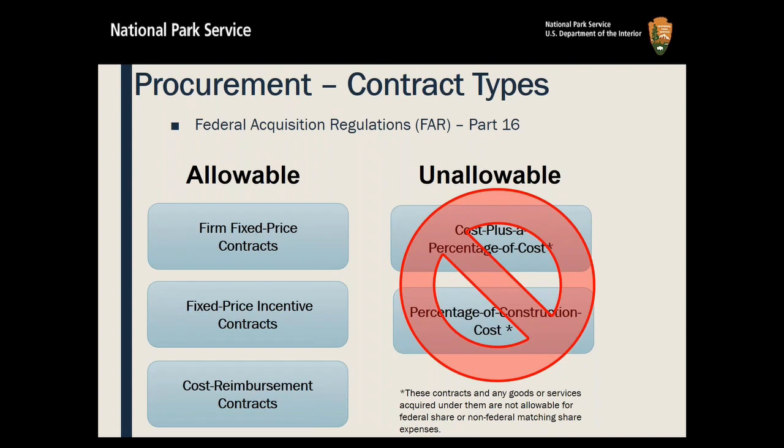It has to be things that you can reasonably expect to change. And then there are cost reimbursement contracts, and these are only allowable if one of the other 2 contract types cannot be used. And for this type, you would have to talk to your grant manager and get approval to go with it.